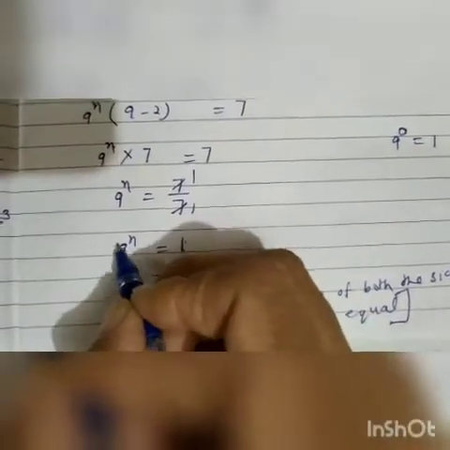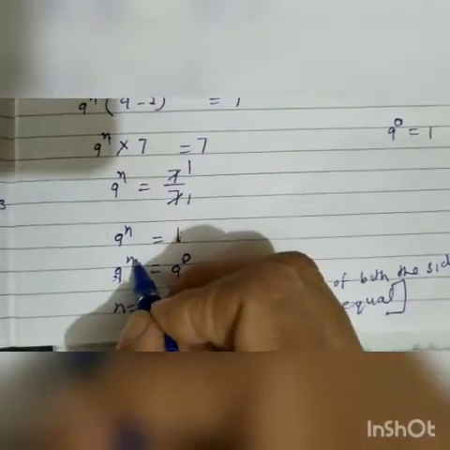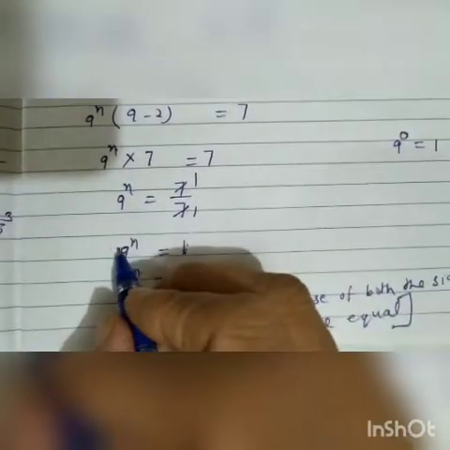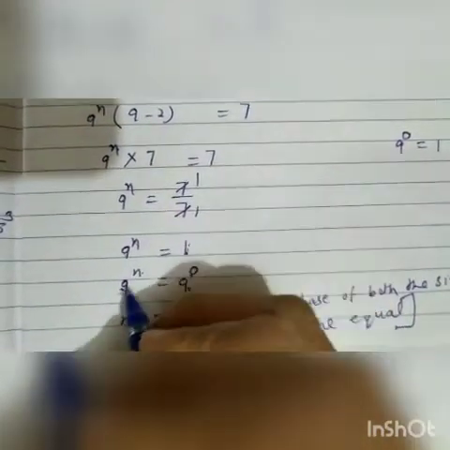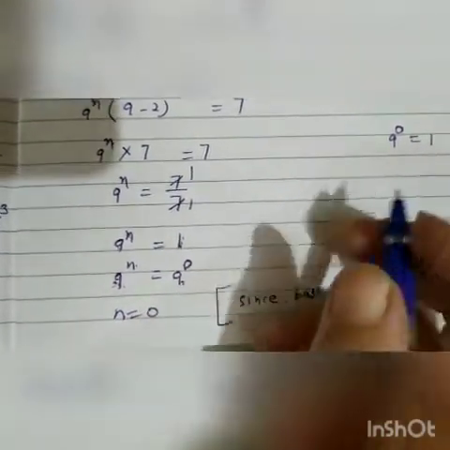If here it is 10 power n equal to 1, then we will write 10 power n equal to 10 power 0. Again the value will be 1. If it is 5 power n equal to 1, we will write 5 power n is equal to 5 power 0. Okay.